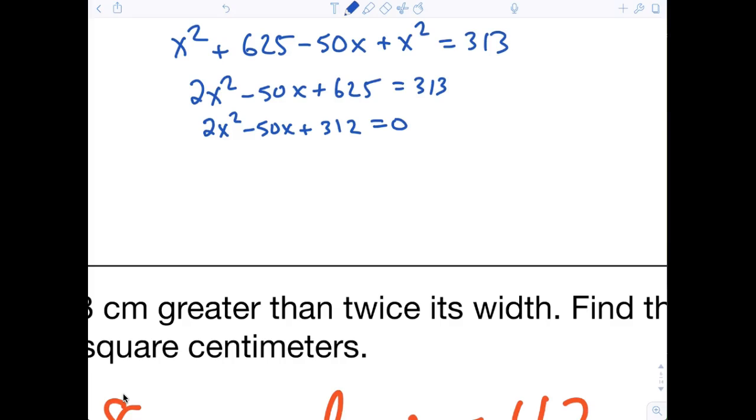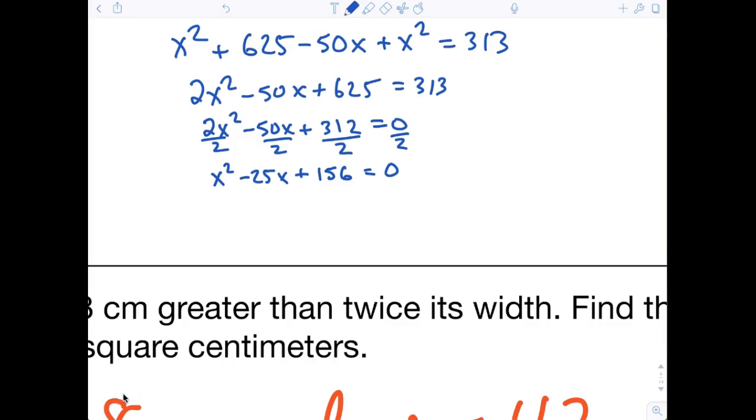Divide by 2. Right? Divide by 2. Please try to remember that. First thing you should do is see if there's a common factor. So everybody's going to divide by 2. So x squared minus 25x plus 156, is that correct? Yeah. Equals 0.